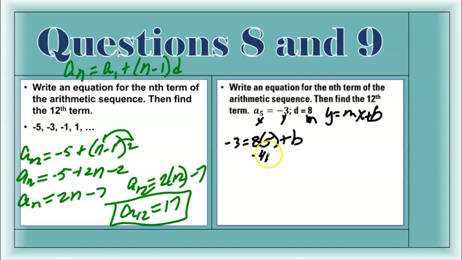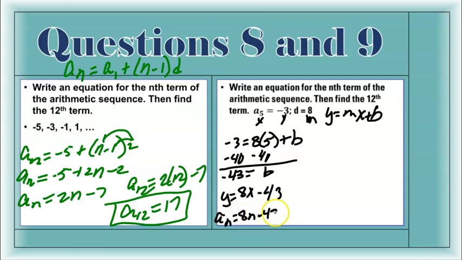So I'm going to subtract 40, because that's 8 times 5 is 40, on both sides. And b is going to equal a negative 43. So my equation would be y equals 8x minus 43. Now if I use the same formula that I had over here, that's the same thing as saying a subscript n equals 8n minus 43.